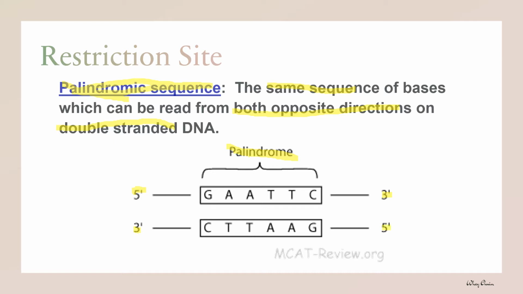If we read the base sequence from 5' to 3', the reading is GAATTC, and from the complementary strand, 5' to 3' also has the same reading. This is what is meant by palindrome.